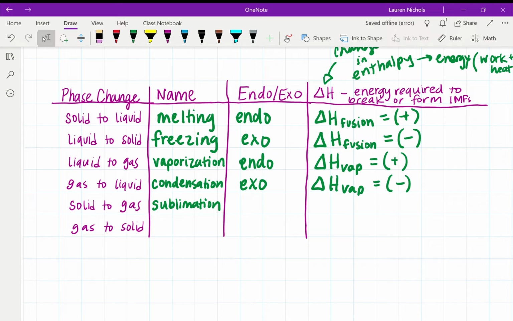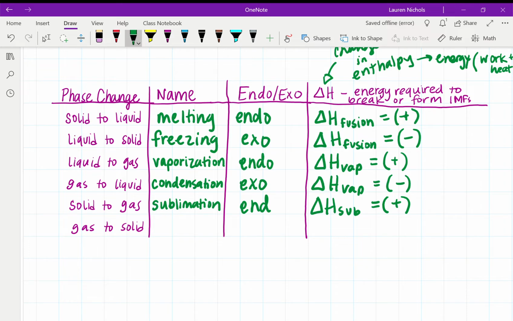Sublimation is an endothermic process. It means it's going straight from solid to gas, skipping the liquid phase. We call this delta H of sublimation, and it's positive because it's endothermic.